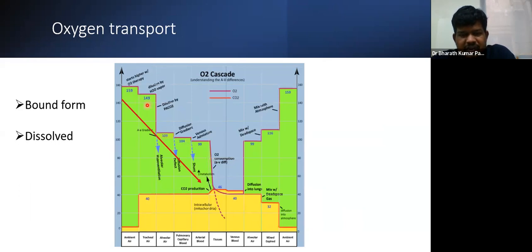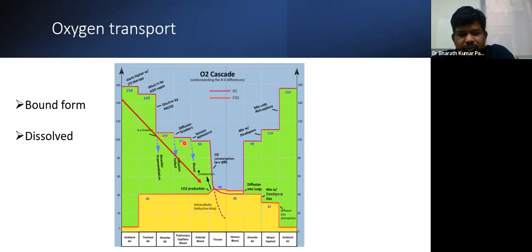This is because of various events. At the level of the alveoli, as I said, there is water vapor which dilutes the oxygen and brings down the partial pressure of oxygen from 159 to 149. From there, because of the dilution by the carbon dioxide that is present in the alveolus, the oxygen concentration falls to 109. Because of the diffusion gradient across the membrane, the normal diffusion defect, it drops further to 104.